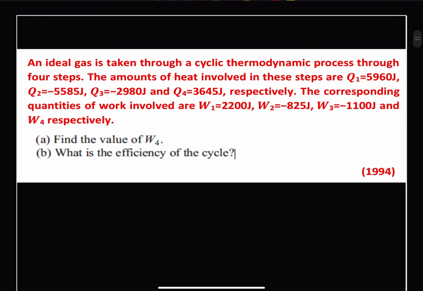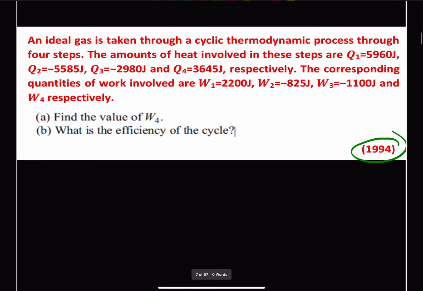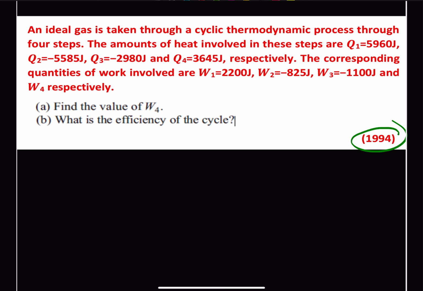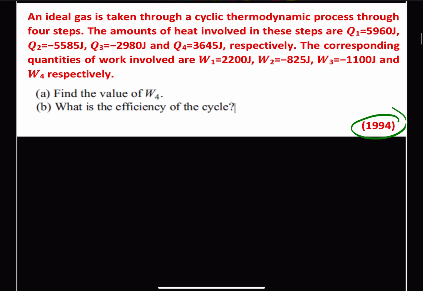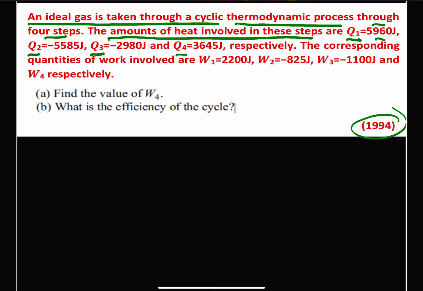It was also asked in the year 1994, and it states that an ideal gas is taken through a cyclic thermodynamic process through 4 steps. The amounts of heat involved in these steps are Q1, Q2, Q3 and Q4. Respective values are given to us.